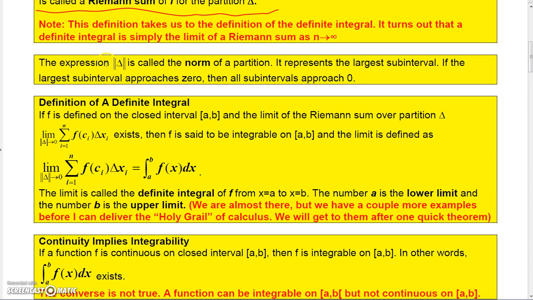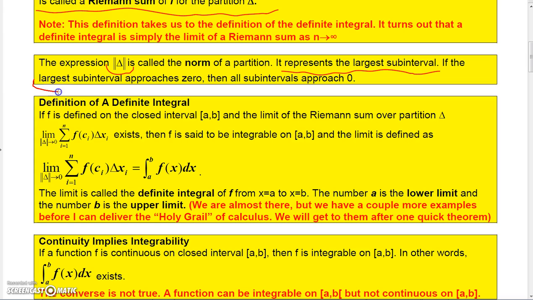Now I need to define this. It's not an absolute value, it's actually called the norm of a partition. The norm of a partition represents the largest subinterval. So if you have an irregular partition over an interval, then you've got subintervals of different widths, but this is going to be the width of the largest subinterval.